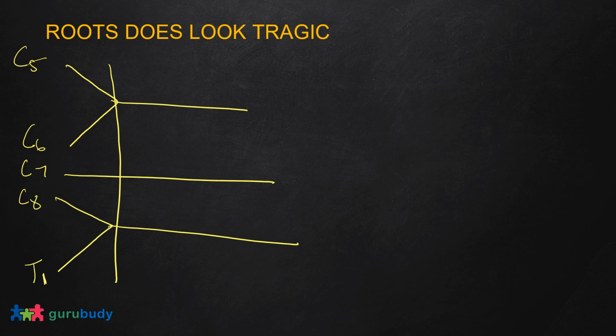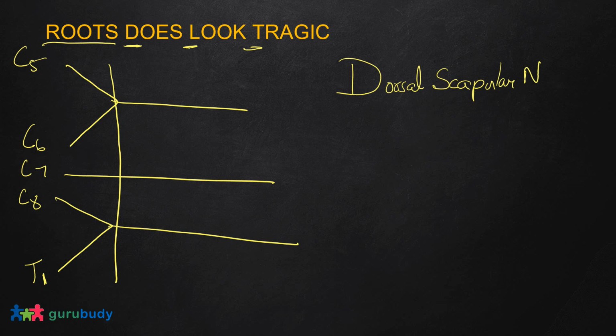So what next? Which nerves arise from here? Roots does look tragic. So from the D it is the dorsal scapular nerve, and look tragic, the long thoracic nerve.